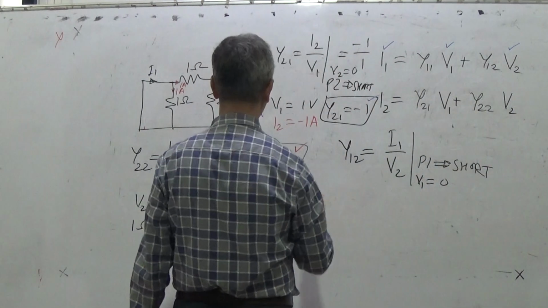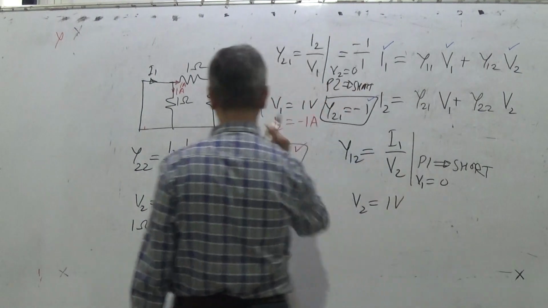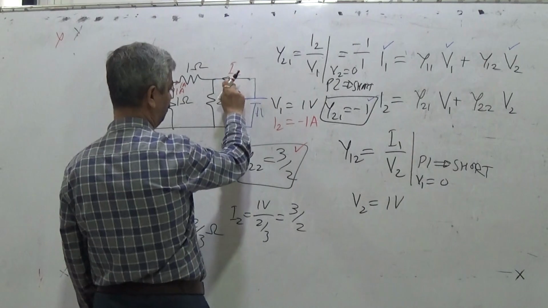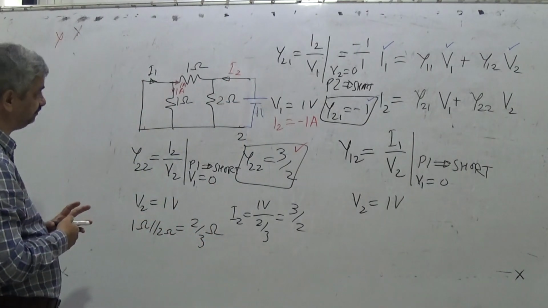So now what is V2 here? V2 is 1 volt. What is I2? I2 you have found.